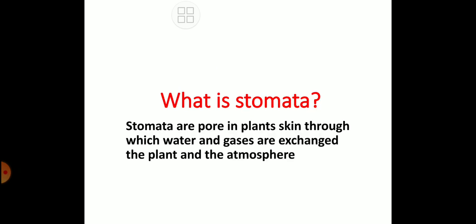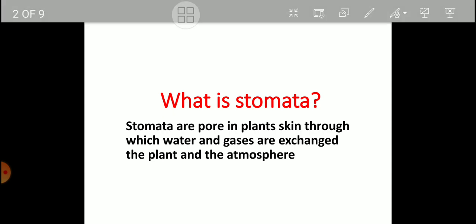Friends, in that we have also studied the structure of the stomata, but now we are going to learn it in detail. Here stomata is nothing but a pore in the plant skin through which water and gases are exchanged between the plant and the atmosphere.